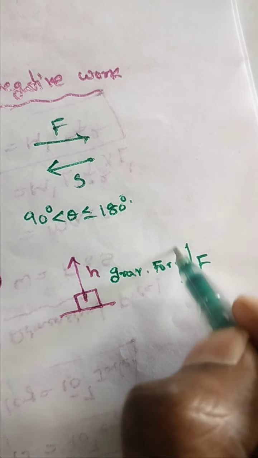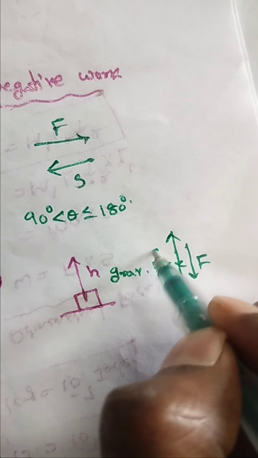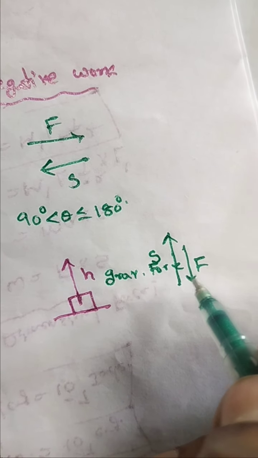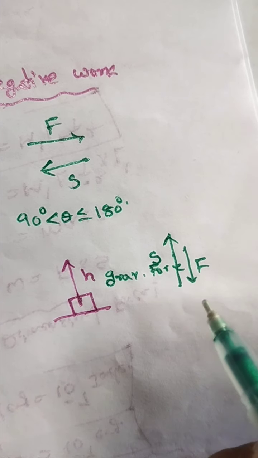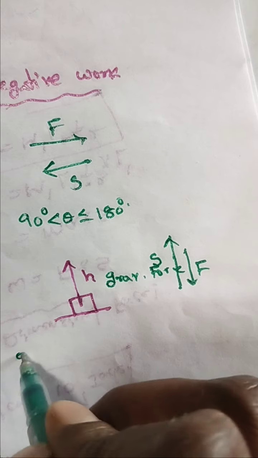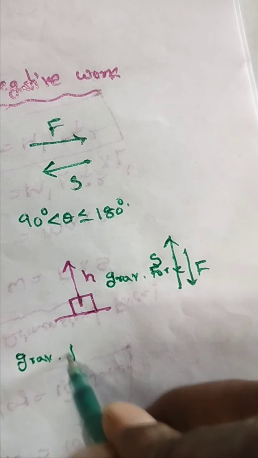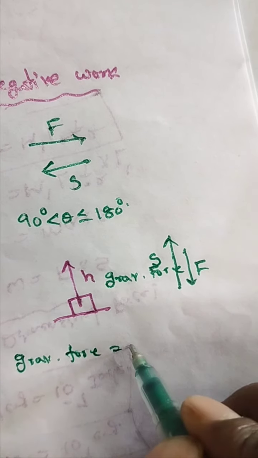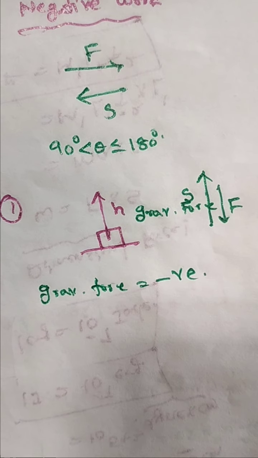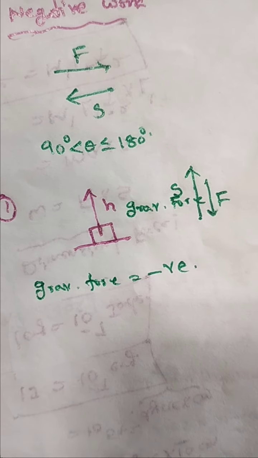What is the displacement? The displacement is in the upward direction. Are S and F in the same direction or different directions? Both are in different directions. Therefore in this case the gravitational force gives negative work.